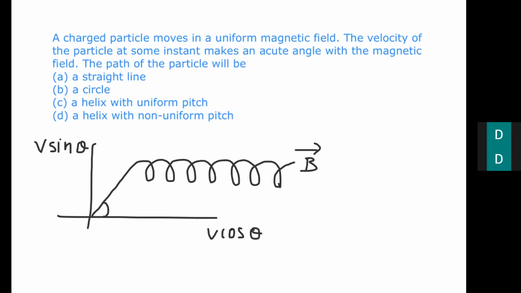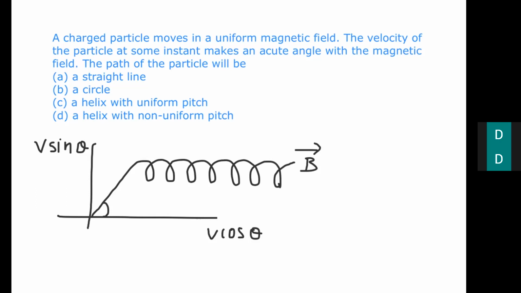Okay, so we'll just read the question. A charged particle moves in a uniform magnetic field. The velocity of the particle at some instant makes an acute angle with the magnetic field B, and the path of the particle will be... Okay, so there is an acute angle involved.